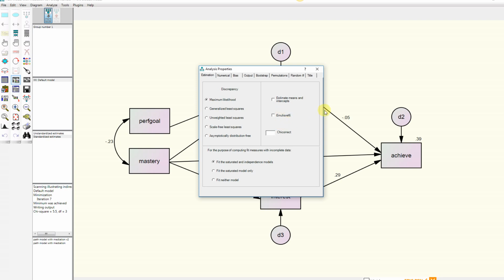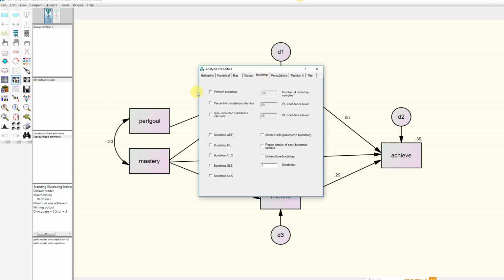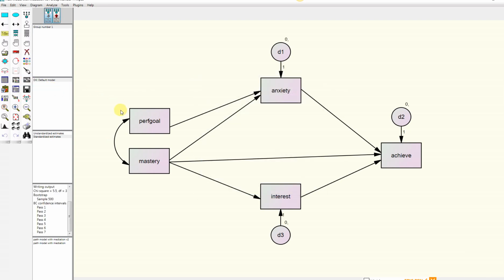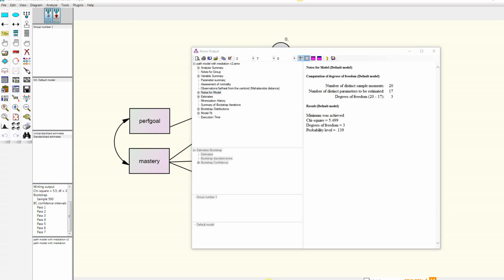So if I click this right now, and let's say I want to ask for bootstrap results, if I click on calculate estimates, it actually did work. Actually, it will still run if you click on estimate means and intercepts. But if you have missing data, you have to click on this. And then if you have that missing data at all in your data set, then it's not going to generate the bootstrap results. So that's just kind of FYI.